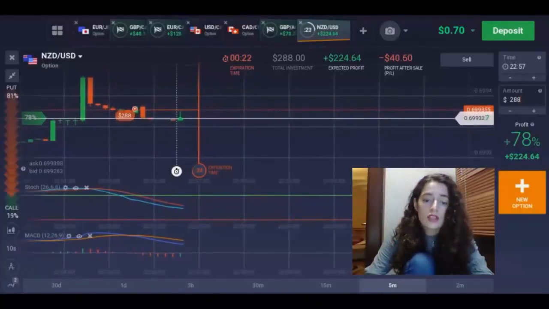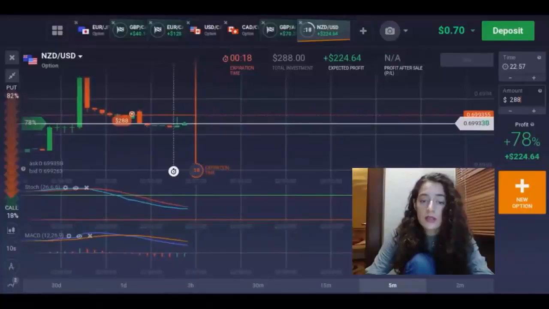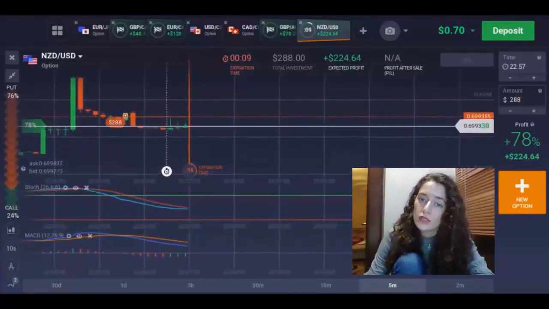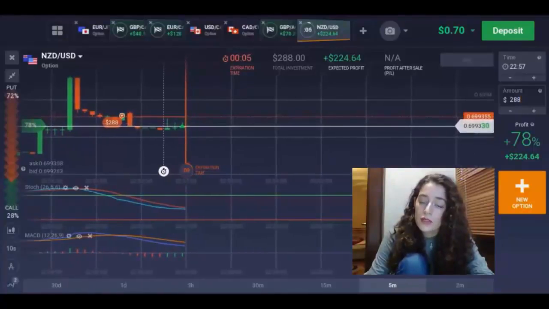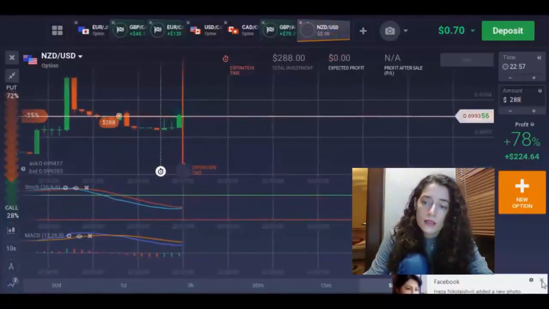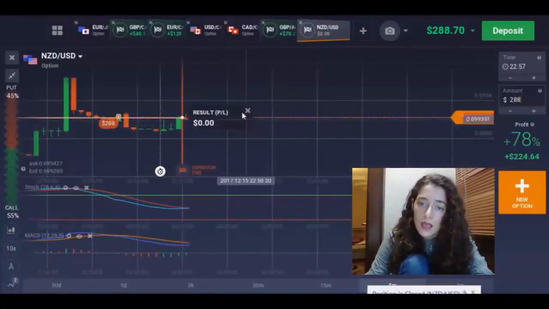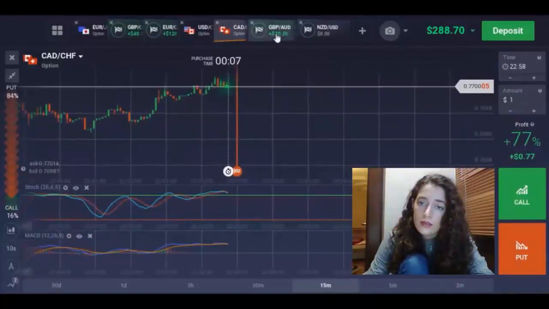It's a trend following indicator. This indicator is well suited to identify entry and exit points. It also provides corresponding signals in the beginning and in the end of the trend.